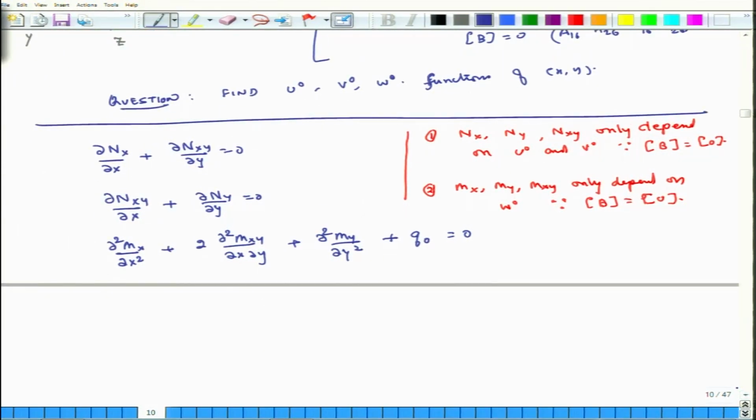Because of this simplification, the third equation is the out of plane problem and the first two equations are in plane problems. So, out of plane and in plane problems are decoupled.